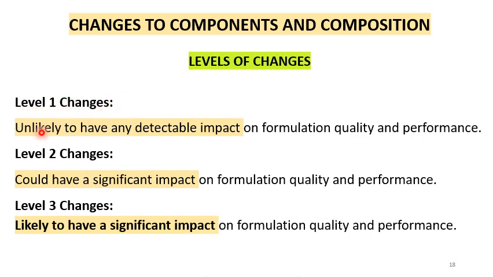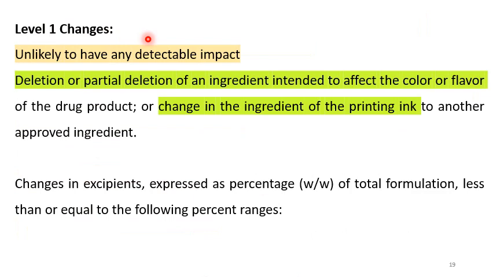Coming to level 1 change, it is unlikely to have any detectable impact on formulation quality and performance. Level 2 changes could have significant impact, and level 3 changes are likely to have significant impact. So level 1 changes are unlikely to have detectable impact. An example is deletion or partial deletion of an ingredient intended to affect the color or flavor of the drug product, or change in the ingredient of the printing ink to another approved ingredient.